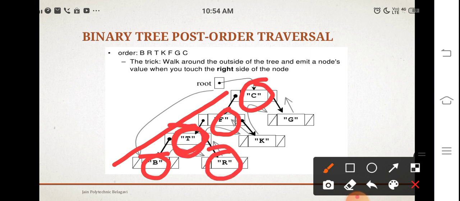Then left is over, then K we are processing, the right of the F node, then root F. Then the left part of the C root node is over, then the right part, that is G, we are processing, then the root node, that is C, we are processing finally at the end. So this is how the post-order traversal works for a binary tree.